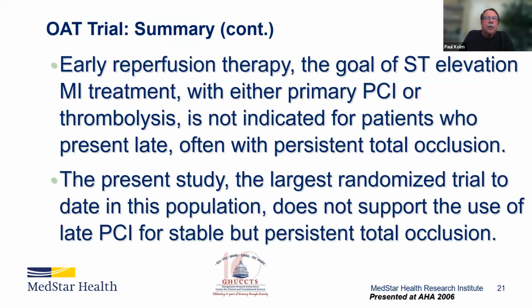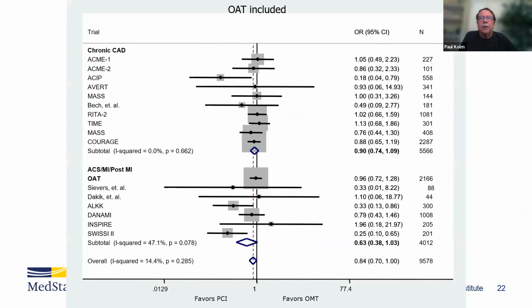The conclusion they came up with is that it did not support the use of PCI for persistent total occlusion in post-MI patients. It was a study comparable to the COURAGE study as far as size. I believe there were 2,100 patients in it.